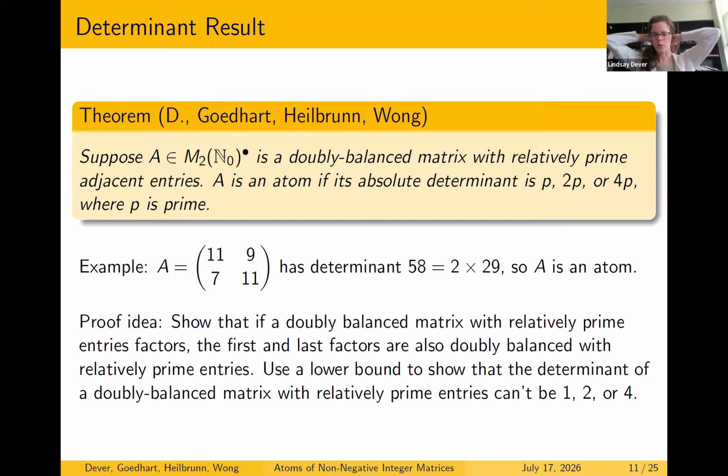The idea of the proof is that if you factor a doubly balanced matrix with relatively prime entries, the first and last factor are also doubly balanced with relatively prime entries. And Greg showed that the determinant of those cannot be 1, 2, or 4. And since determinants are multiplicative, then you can't have 1P, 2P, or 4P, essentially.